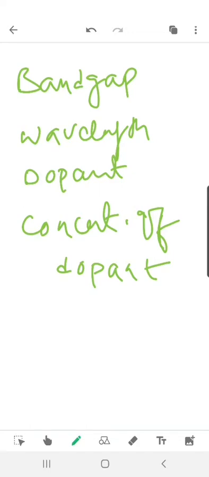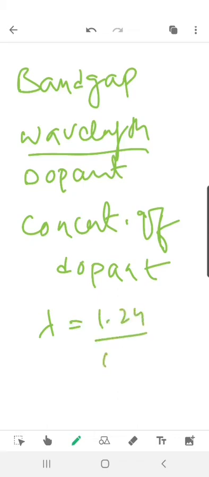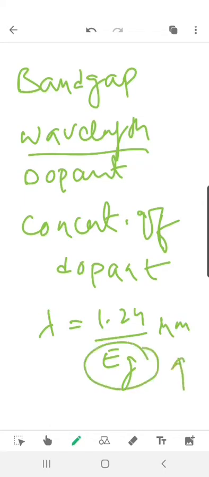When we talk about wavelength, if lambda is the wavelength of radiated light, then lambda equals 1.24 divided by Eg micrometer, where Eg is our energy gap. So this means the larger the energy gap, the smaller will be the wavelength of light emitted by our LED.